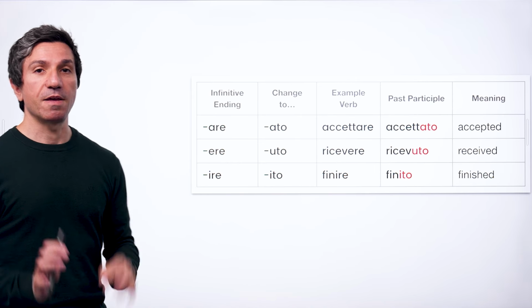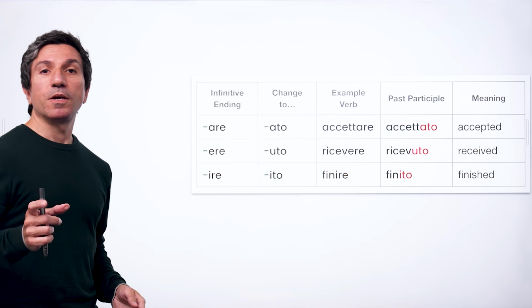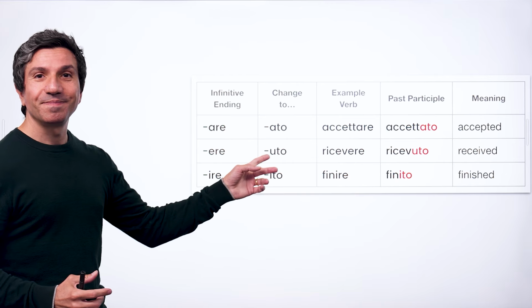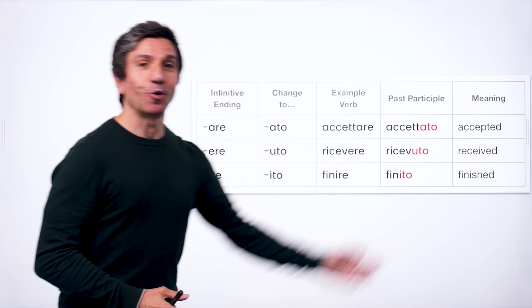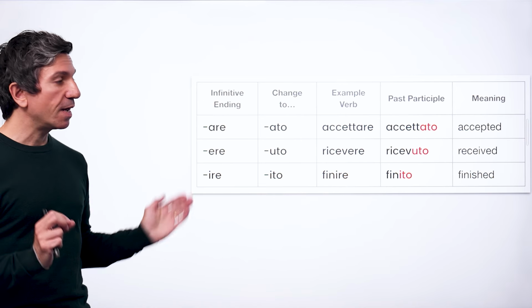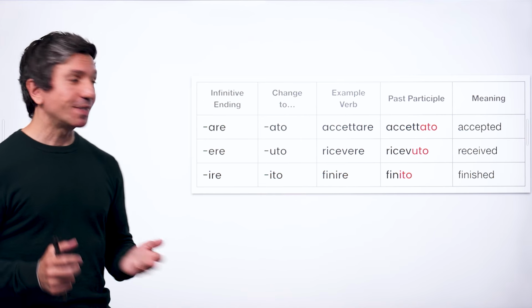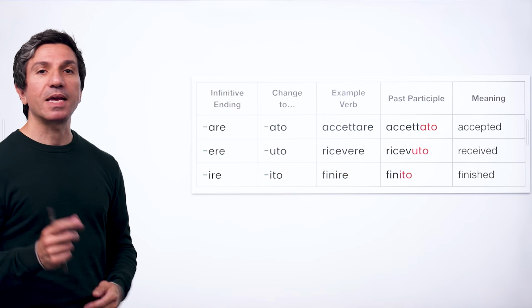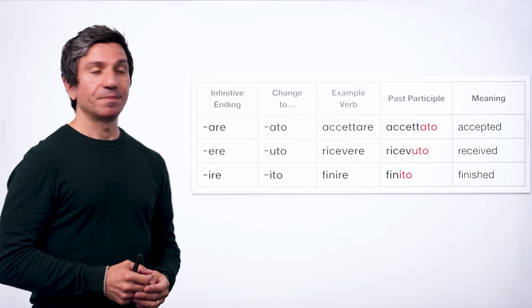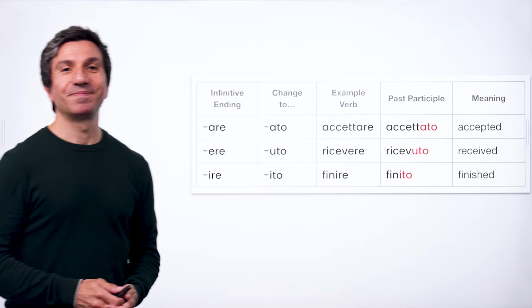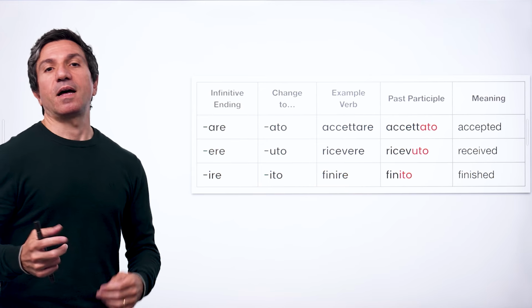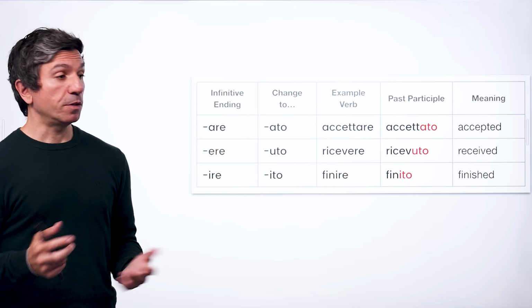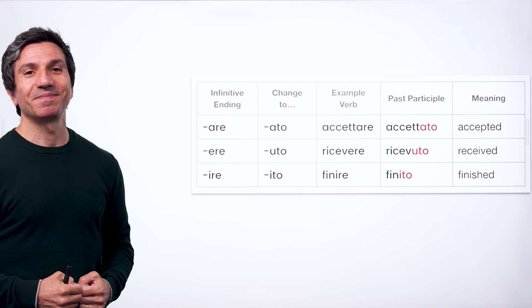For ere verbs, use uto, like ricevere, ricevuto. And for ire verbs, use ito, like finire, finito. So when you hear ho ricevuto, that's I have received, or simply I received.